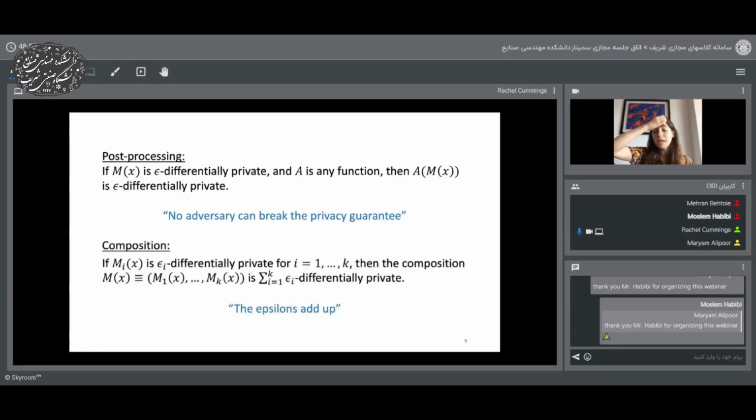And we also have composition of the privacy guarantees. This effectively says that the epsilons are going to add up as you do additional analyses on the same data.